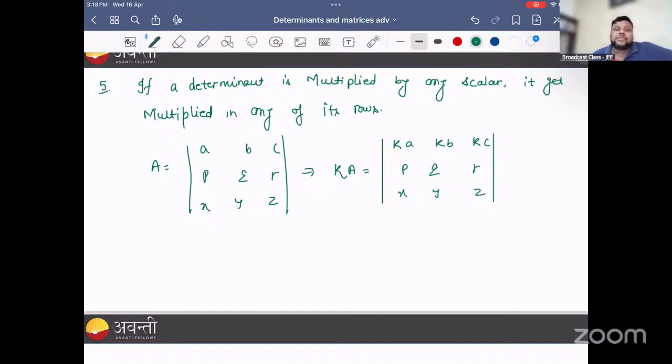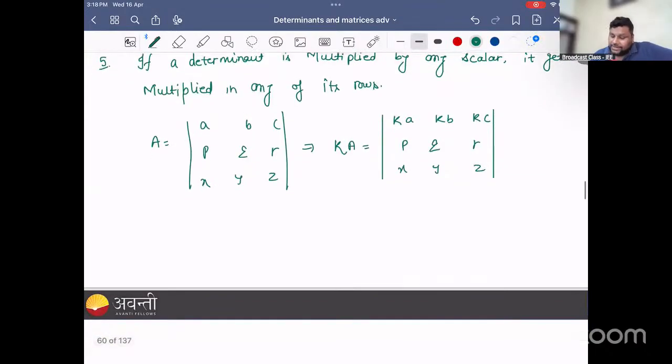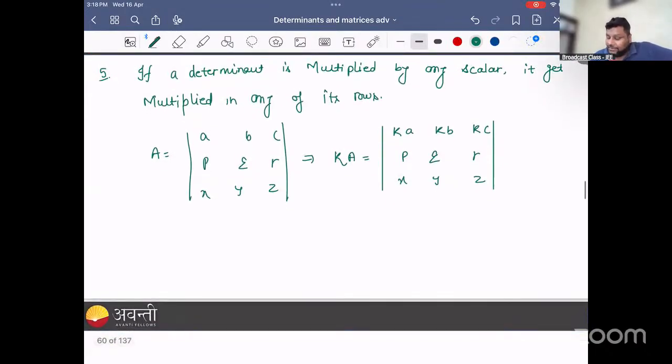Whereas in matrices, if you multiply a matrix by a scalar, it gets multiplied in its every row. That means if we have a matrix P as ABC, PQR, XYZ, and you do KP, K will be multiplied in all the elements.